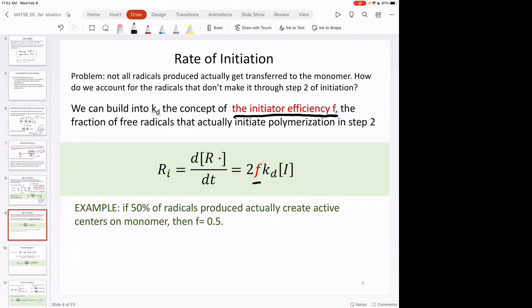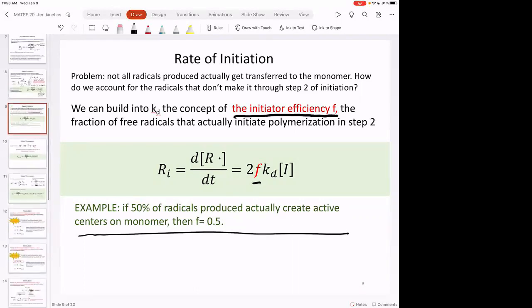And so we put this initiator efficiency in there, which just tells us about the percent of radicals that make polymer or start to propagate active centers. And you have to be given this, or you have to be given some hints as to what this number is. Otherwise, you can assume it's 1 and you just write on your paper, I'm assuming initiator efficiency is 1, and that can be a good or a bad assumption depending on what information's in the problem. So this is just something you need to include. It's not a native part of the kinetic expression.